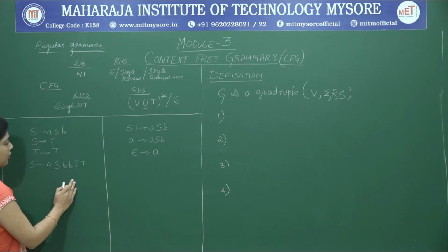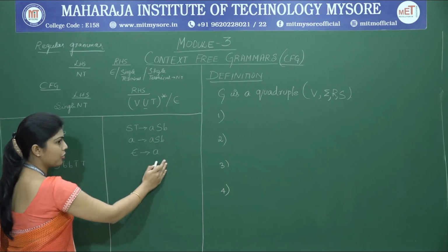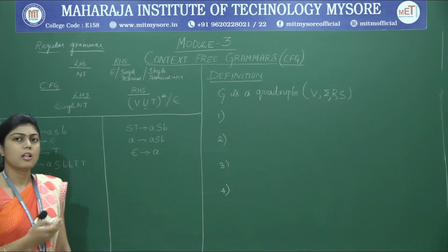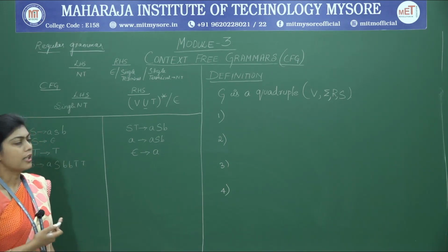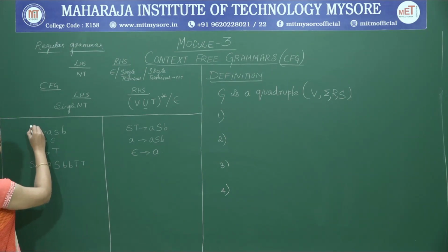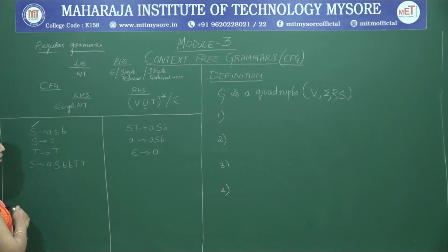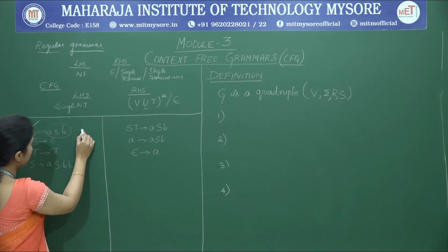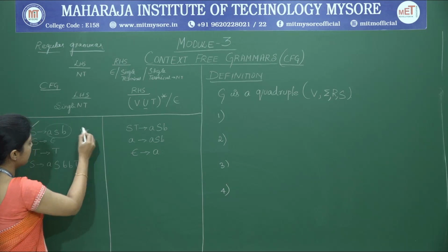I have written a set of rules here, and another set of rules. We will see which of these are valid context free grammar rules. Here you can see there is a single non-terminal on the left, and the right contains a combination of variables as well as terminals.